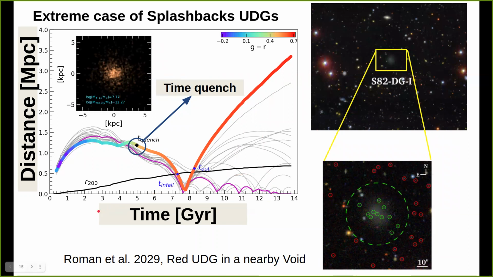This would be in good agreement to explain cases like this quenched isolated UDG, AGC 242019 from Roman's work, located nearby a void.